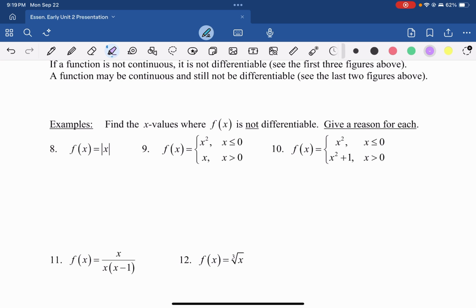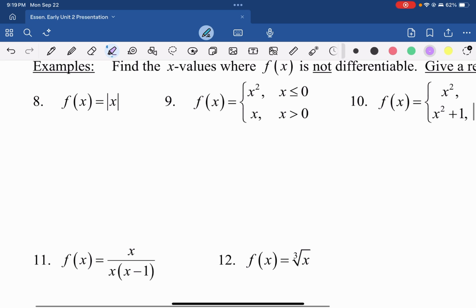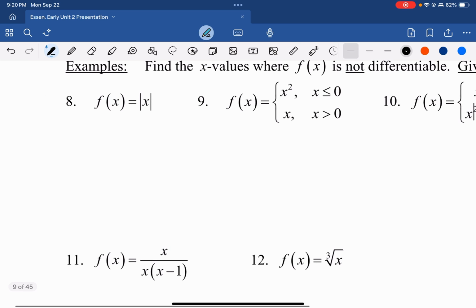Our first one is f of x equals the absolute value of x. Ultimately, I think thinking about what the graph looks like is easiest here. For the absolute value, I plug in a value and it's going to be positive. When I plug in -1, I get +1. When I plug in 0, I get 0. When I plug in +1, I get +1. So my absolute value is going to look like that.